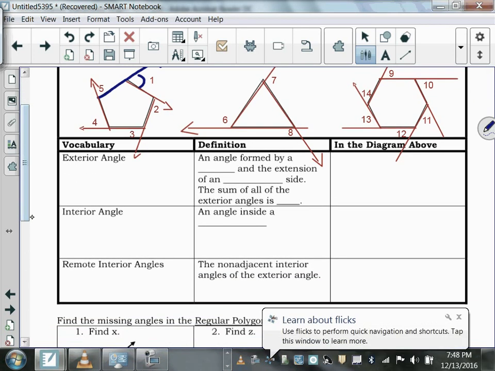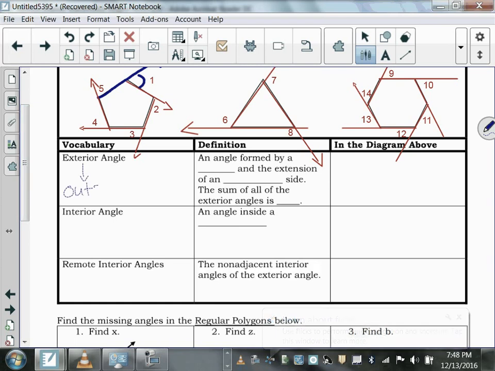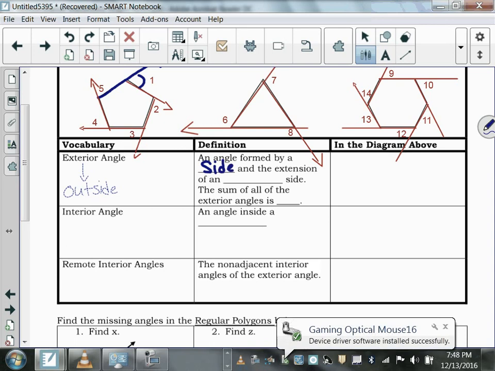So of course we know exterior angle. Well, exterior, that just means outside, right? So we have an angle that is outside of our shape. In this case, it is an angle formed by a side and the extension of an adjacent side.